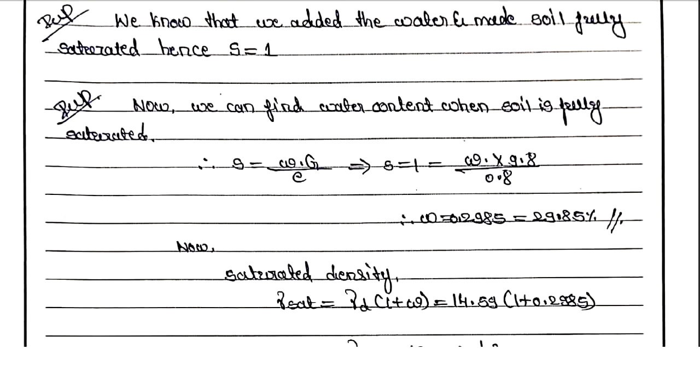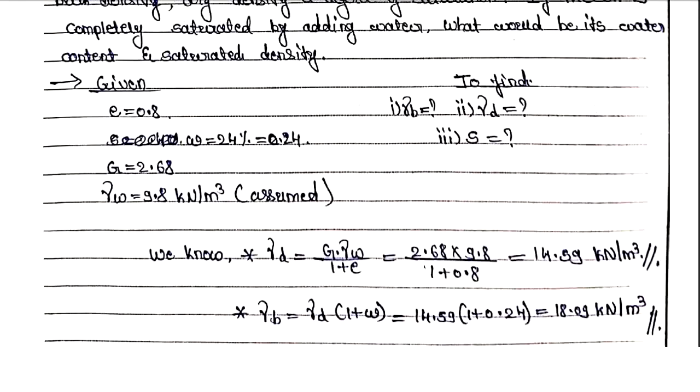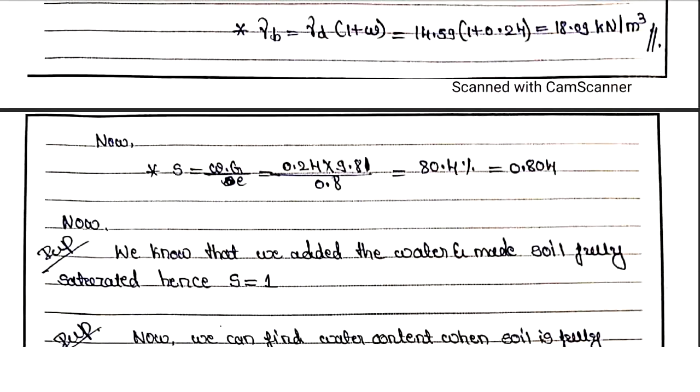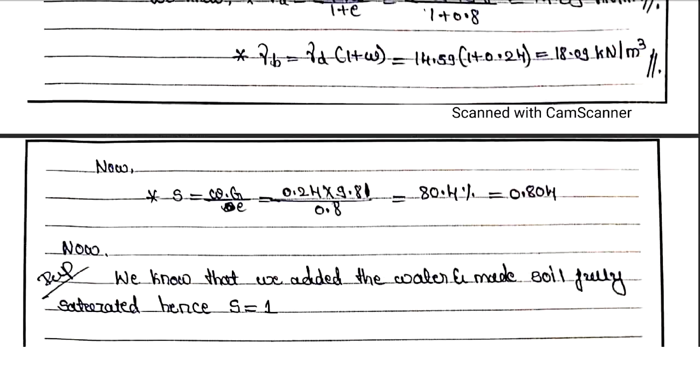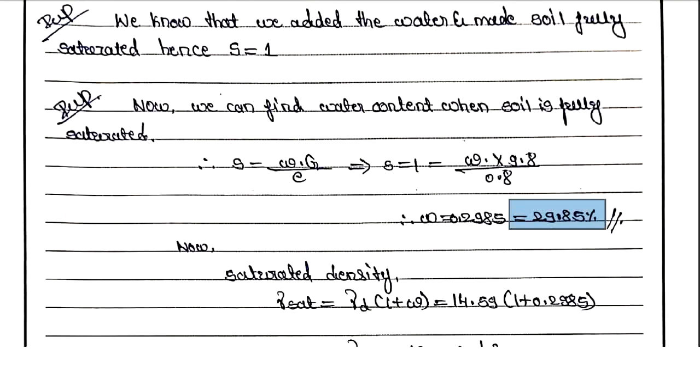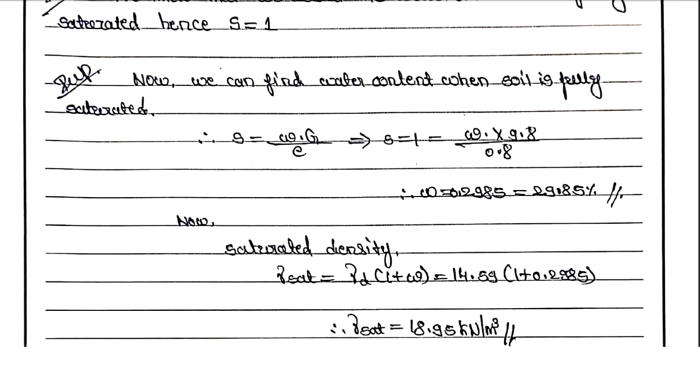After that I am going to get 0.2985, that is 29.85% is the water content when the soil is completely saturated. Initially, when the soil is 80% saturated, the water content was 24%. So when the soil is 100% saturated, the water content is 29.85%.